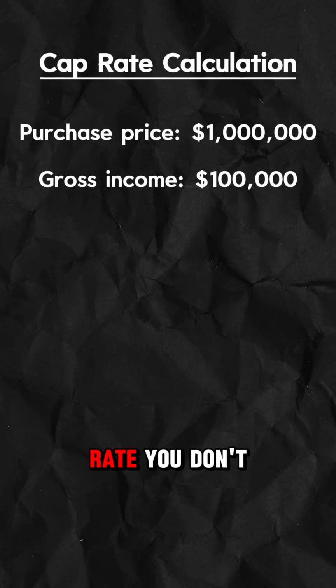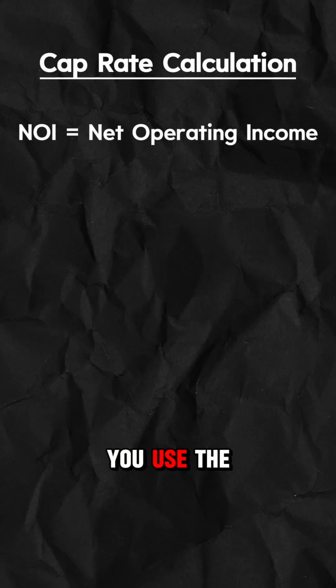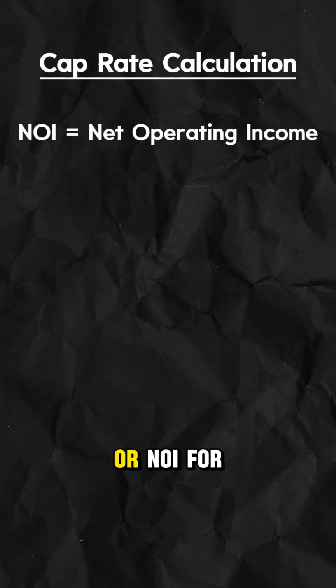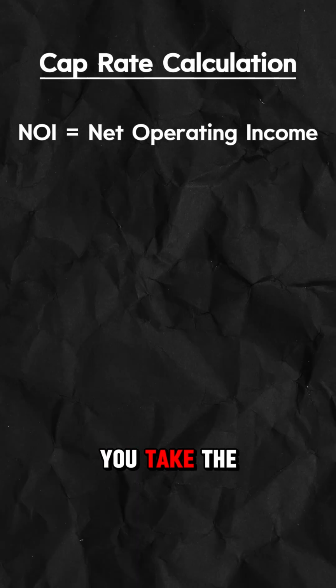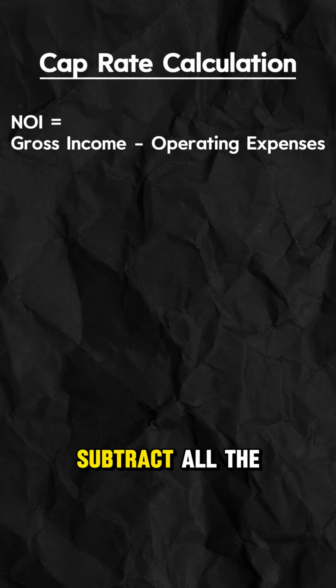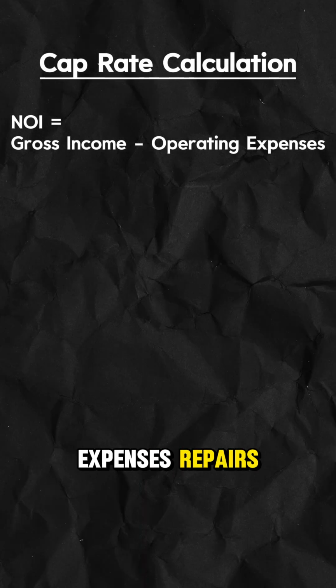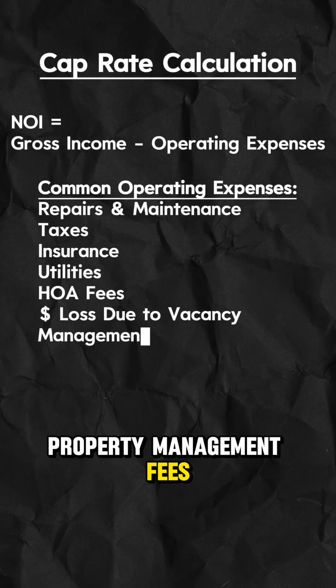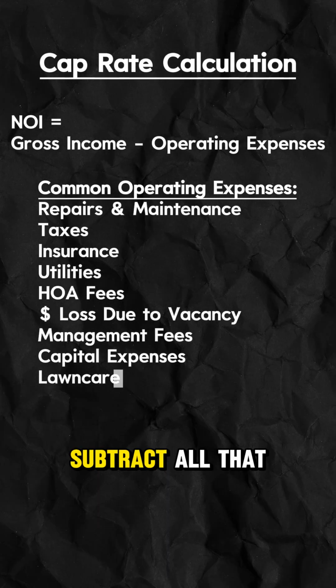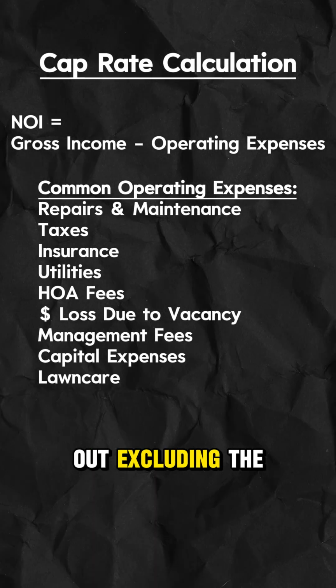To calculate cap rate, you don't use the gross income, you use the net operating income, or NOI for short. To calculate the NOI, you take the gross income and subtract all the expenses: repairs, maintenance, utilities, property management fees, vacancy rates. Subtract all of that out, excluding the debt service.